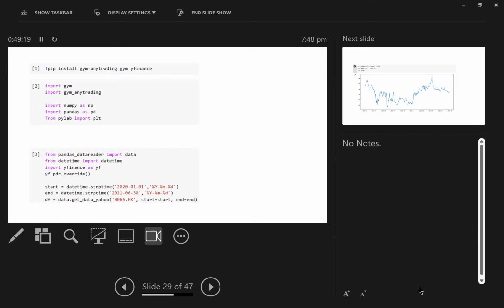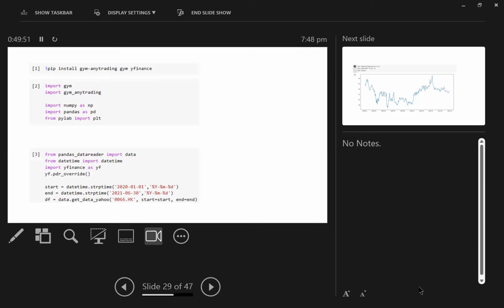Depending on the platform that we use, if you use, say, Colab, then it's better to install the trading environment, Gym and Yahoo Finance all together to make sure that they are in the Colab for you to use. Okay, and then we import the necessary libraries for the processing of the data, like NumPy and pandas, and also this one for the visualization of the data.